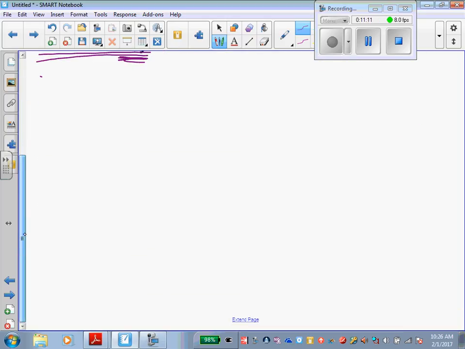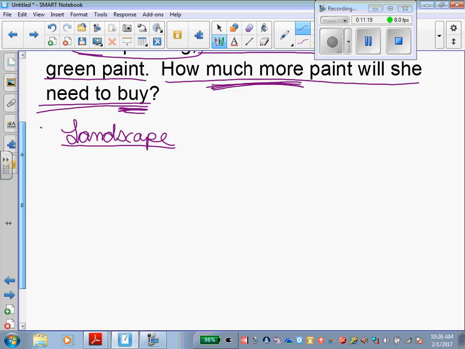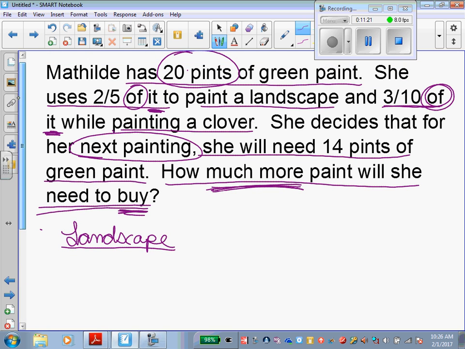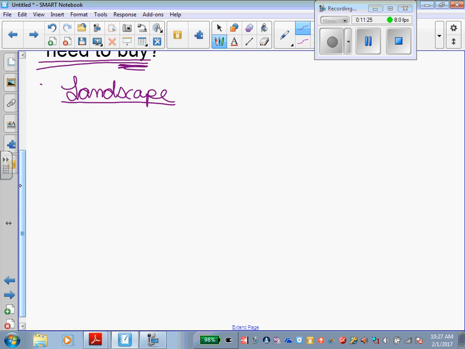So for the landscape, we're going to label it landscape. And she uses 2/5 of it. What is that it? 20 pints. 2/5 of 20.